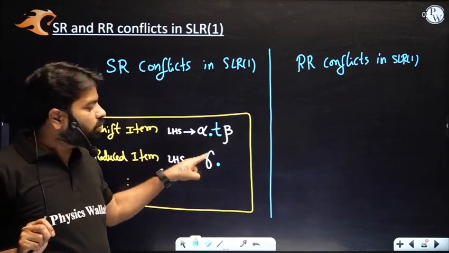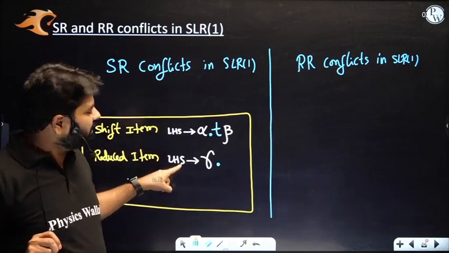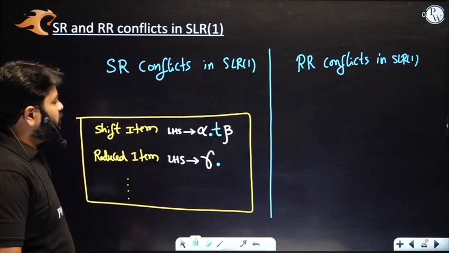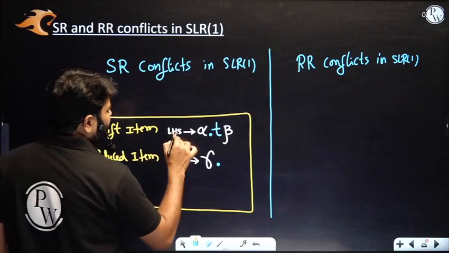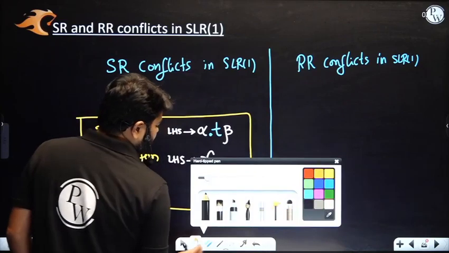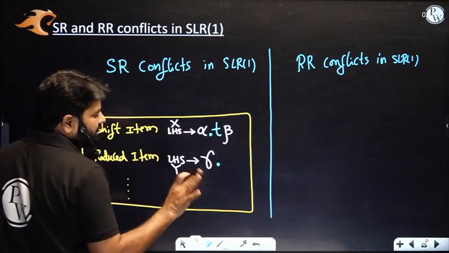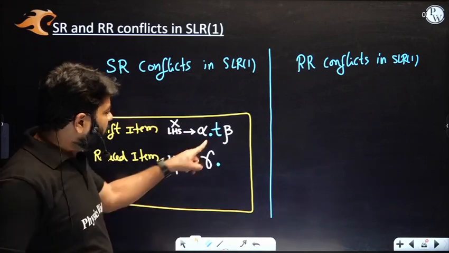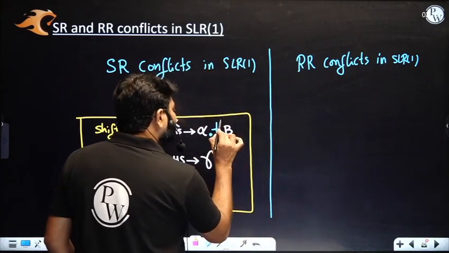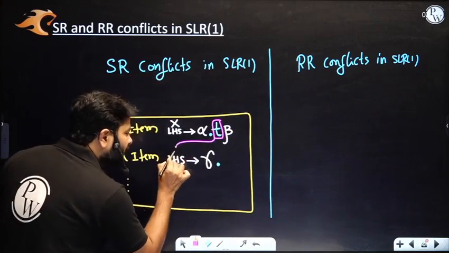In case these two kinds of items are present in the same state, one a shift and the other a reduced, then what do you have to do? Assume this is the X production, I am just naming it, and this is the Y production, with LHS X and Y. What you have to look at here is this T, and you need to look at the follow of the reduced item's LHS.